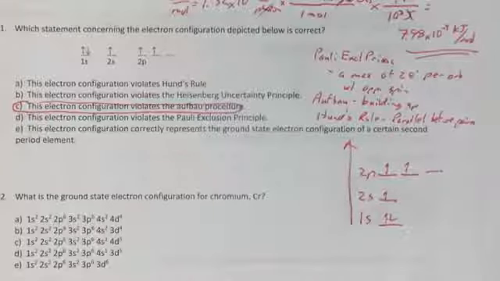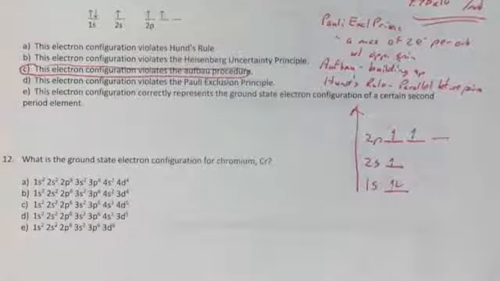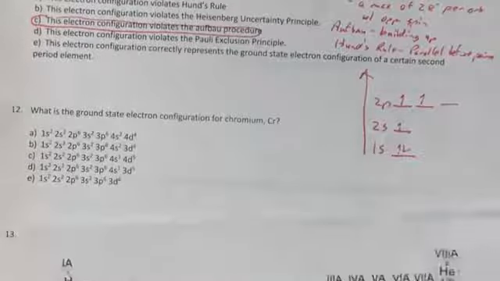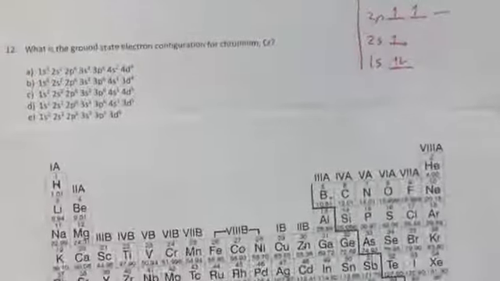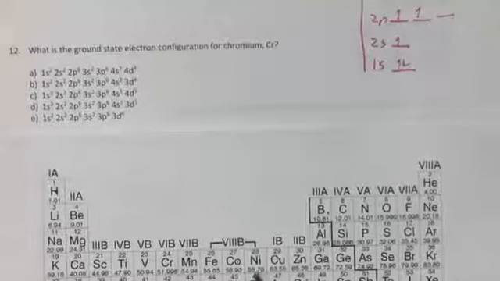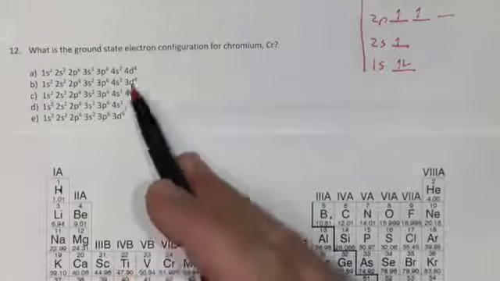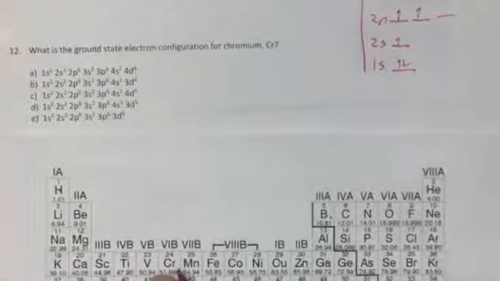Now, I mentioned earlier that you have to know that chromium and copper are exceptions when we determine the electron configurations. So this asks for the complete ground state electron configuration for chromium. So if I put the periodic table here so I can focus on chromium, I'm going to write it down first before I look at this. Remember, it's an exception.